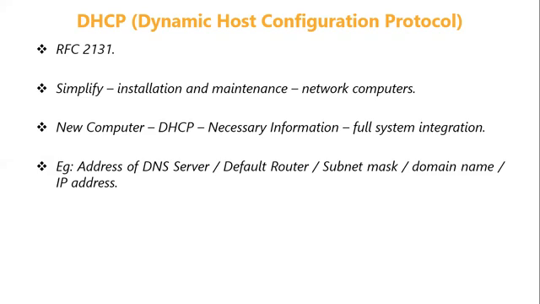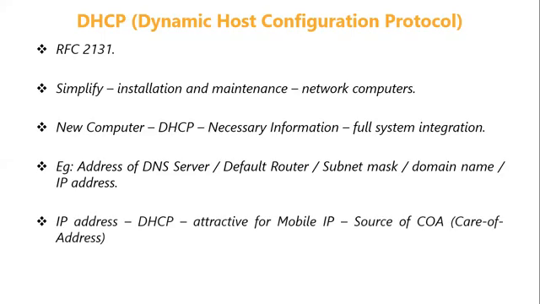Out of this, providing an IP address makes DHCP very attractive for mobile IP, because of this ability, DHCP can be used as a source for providing a care of address for the mobile station when it moves from one network to another.